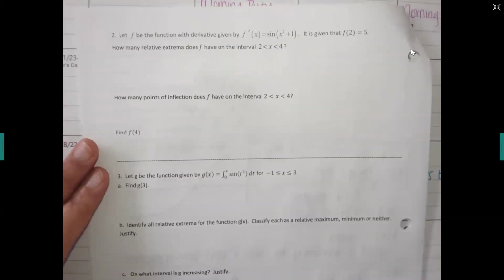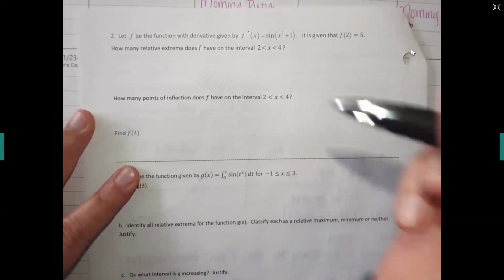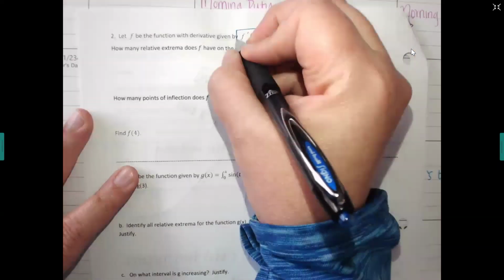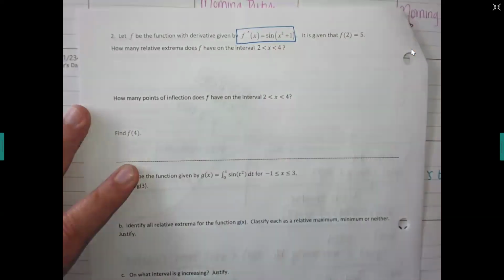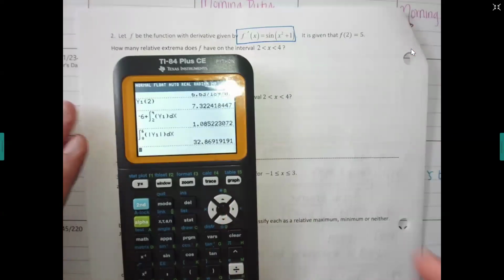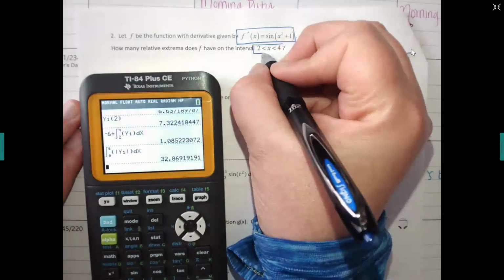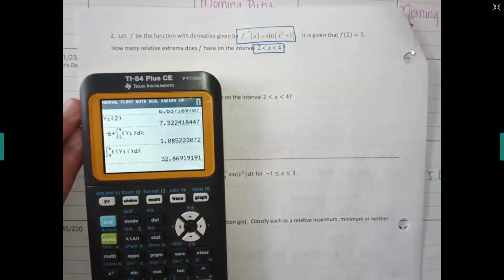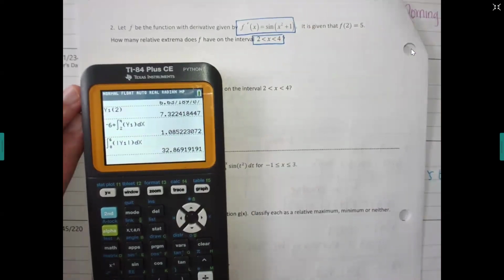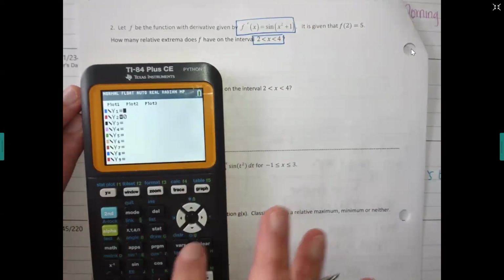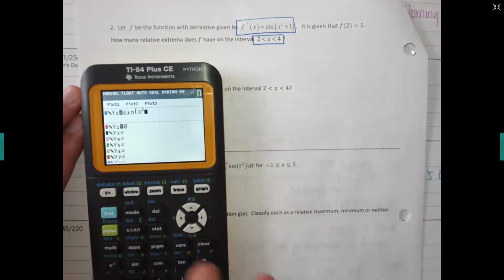All right, for the next one, go ahead and type that equation into your y equals. This time I want you to adjust your window to only include 2 to 4.